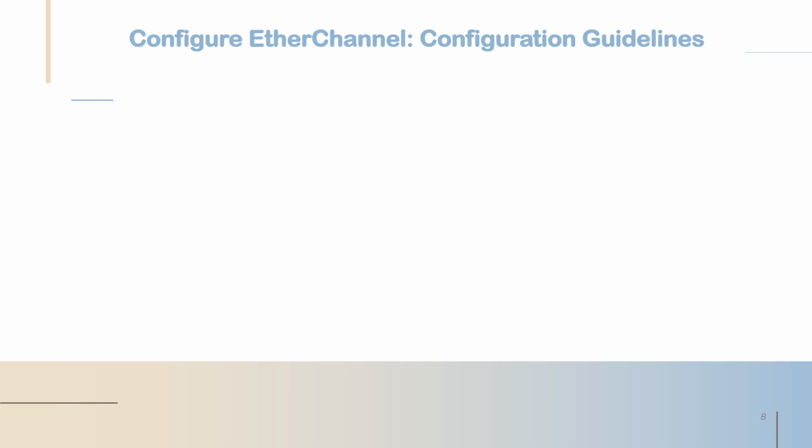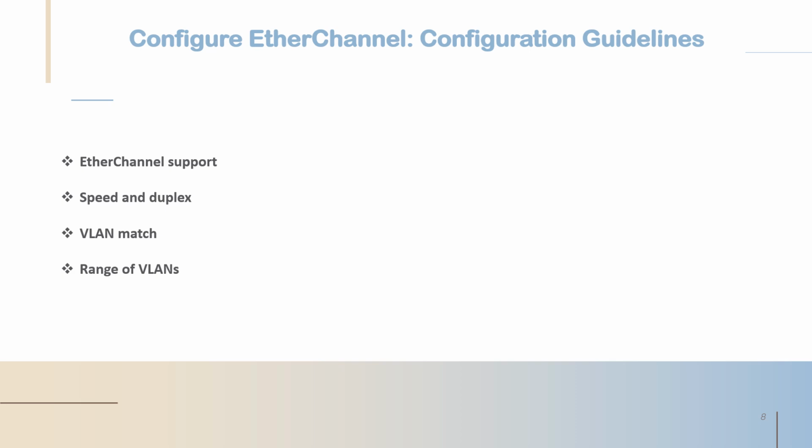Now that we know about the EtherChannel, let's start configuring it. There are certain guidelines and restrictions that are useful when we configure the EtherChannel. First, EtherChannel support, which means that all Ethernet interfaces must support EtherChannel with no requirement that interfaces be physically contiguous.